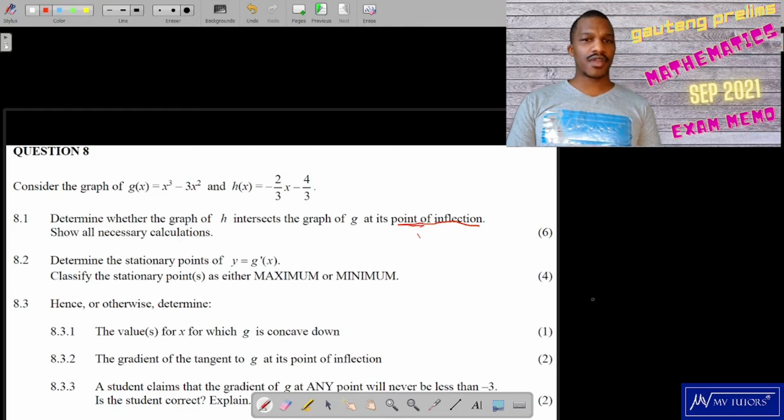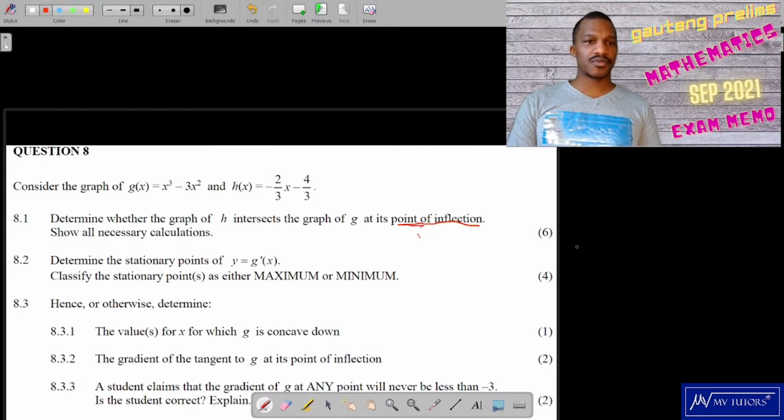Now let's solve the point of inflection first, and then once we solve it, we're going to use that x value to substitute into h of x. Now if it gives us the same y value, then it means they intersect. Okay, but let's take one step at a time.